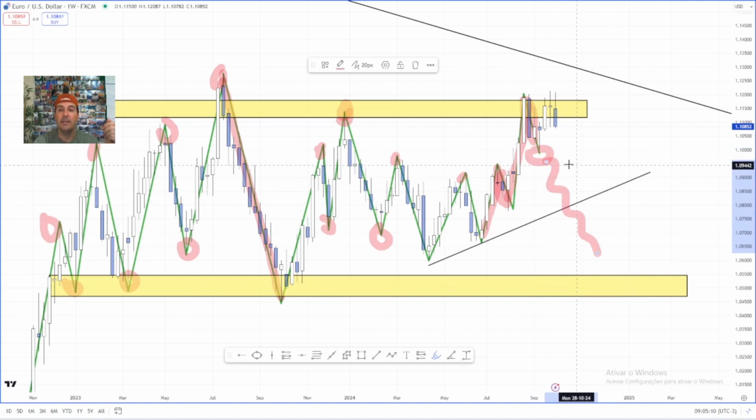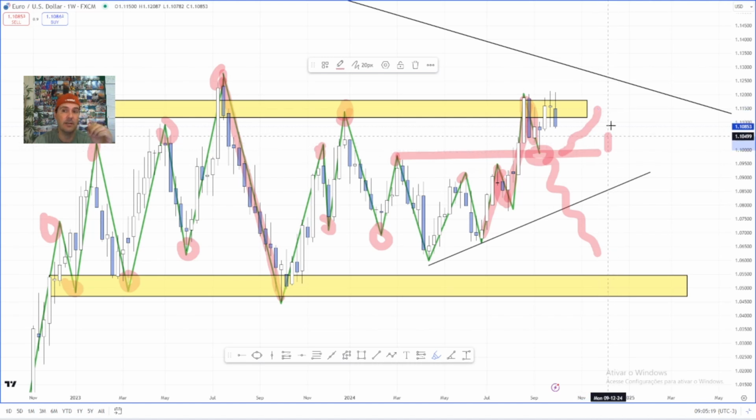And if the market comes to this level of support and goes back up on the daily chart or the 4-hour chart, making higher highs, higher lows, then we are going to buy again. And this is what Forex Course 101 is all about, how to play chess with the market.